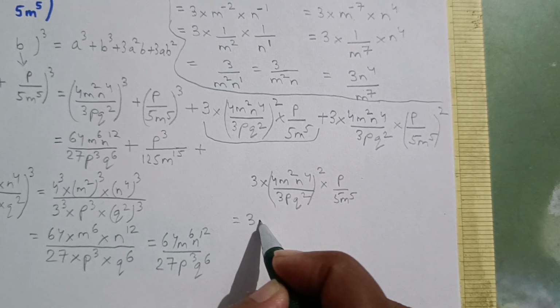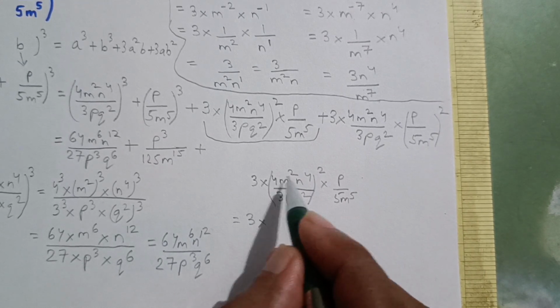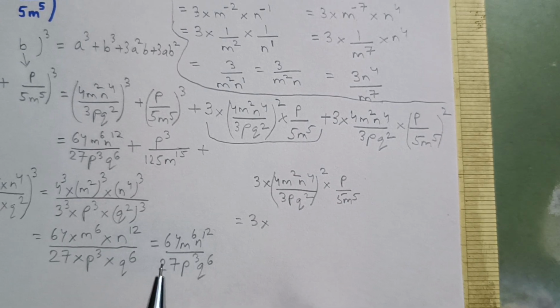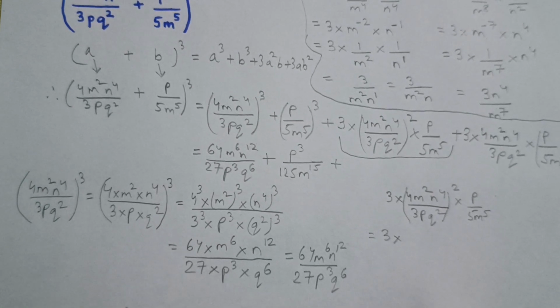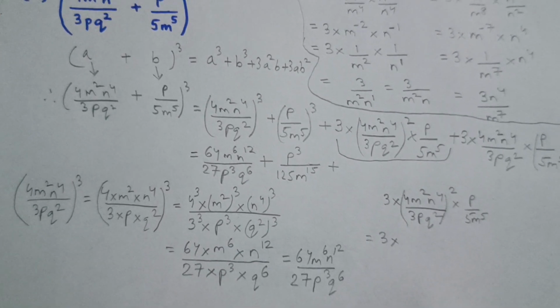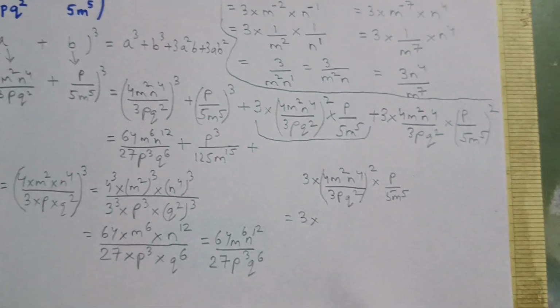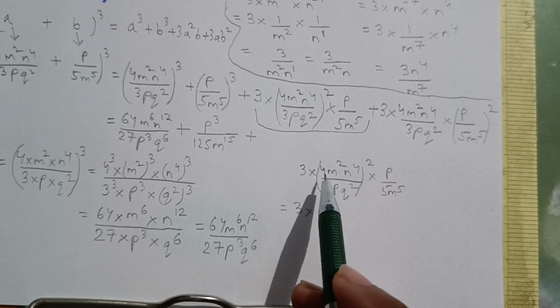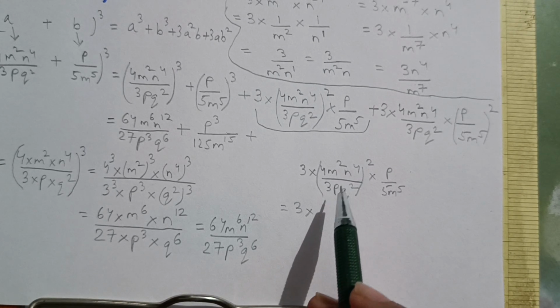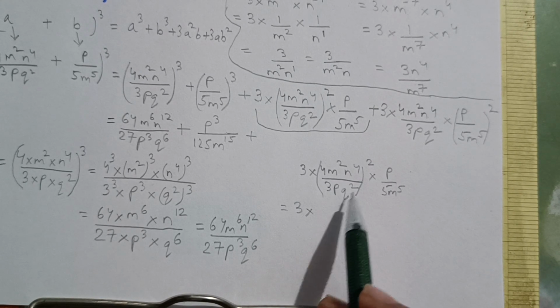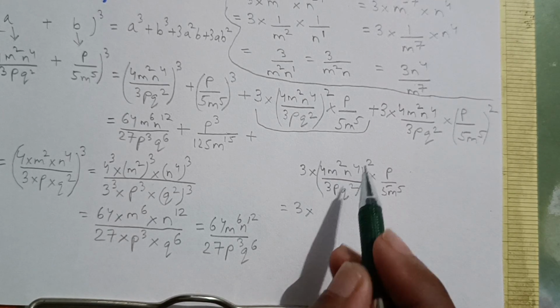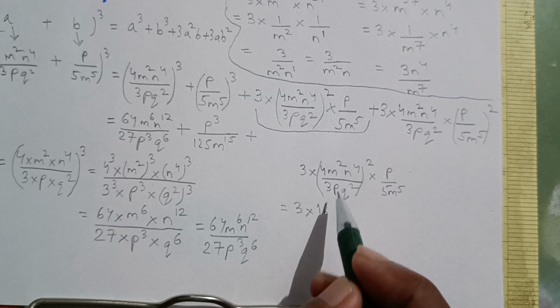So this will be 3 into, now this expression whole square. If you solve it the same way as I have done over here for this expression, then you will get the answer as, so 4 m square n to the power 4 upon 3 p q square whole square. The answer will be 4 square. 4 square is 16.